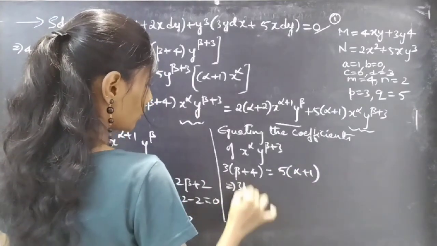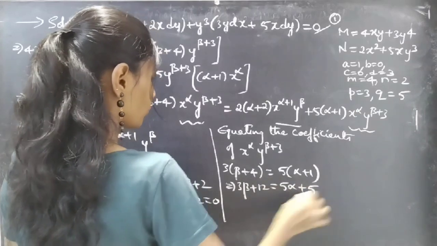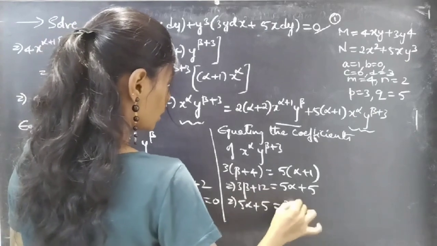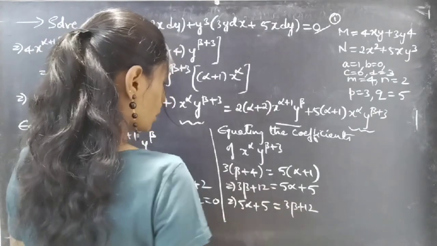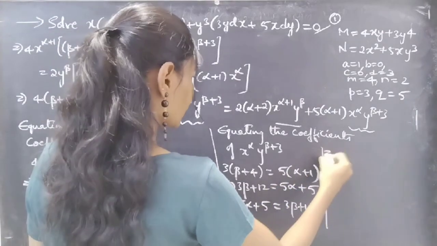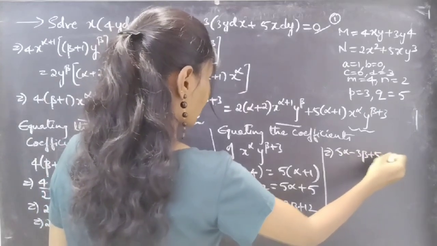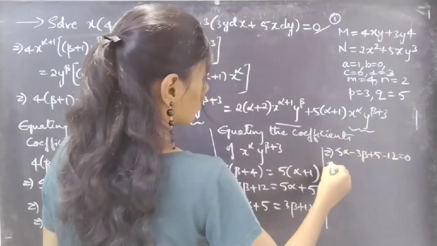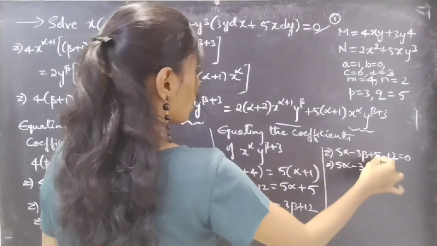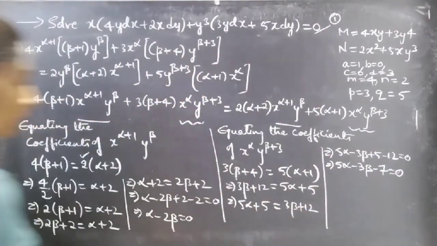We'll get 3 beta plus 12 equal to 5 alpha plus 5, or we can write this as 5 alpha plus 5 equal to 3 beta plus 12. Now bring these two terms to LHS, then we'll get 5 alpha minus 3 beta plus 5 minus 12 equal to 0, which gives us 5 alpha minus 3 beta plus 5 minus 12 is minus 7 equal to 0, right?